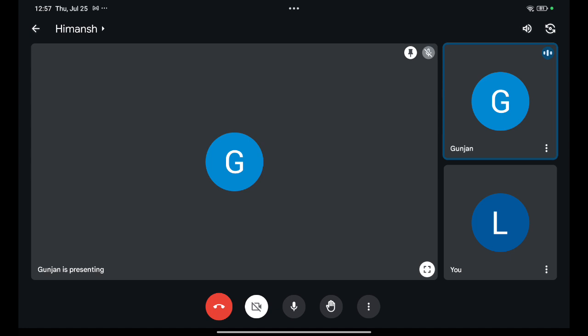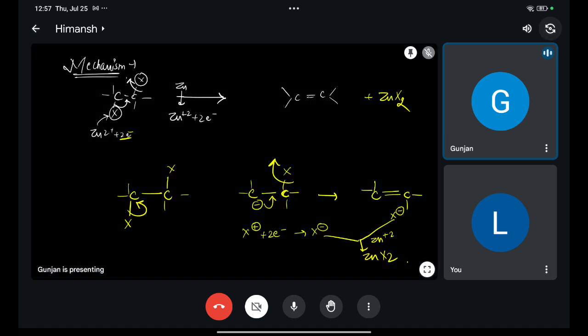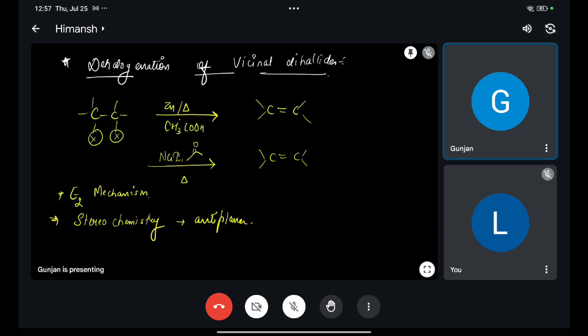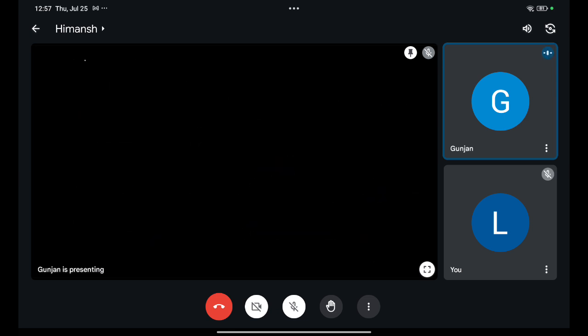Similarly, iodine minus will also do the same thing. Like we took two examples. In the first, we have zinc, heat, CH3COOH. In the second one it's NaI in acetone. So here also the same procedure is happening. I minus attacks this and moves the electron over here. When this carbon gets it, X will leave. We are giving that electron to X, X gives the electron to carbon, carbon gives to carbon, forming a carbon double bond.